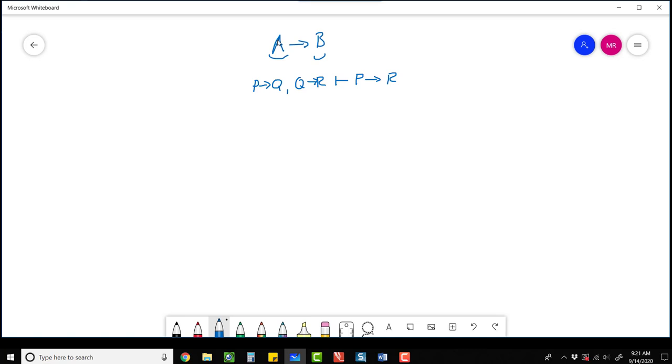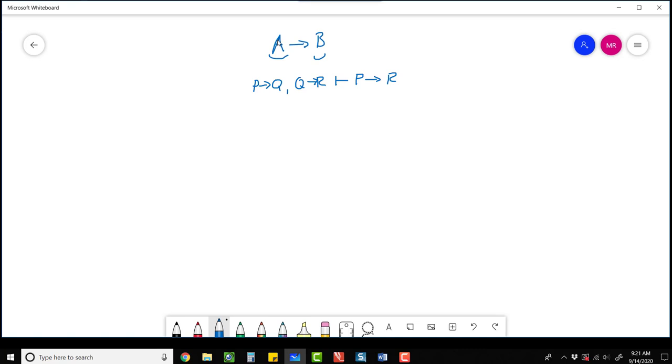In fact, it's a rule called hypothetical syllogism. But if I asked you to prove this just using our 8 basic inference rules, you would be unsuccessful. We don't have the power to prove this yet.